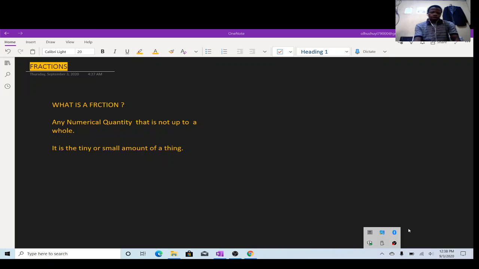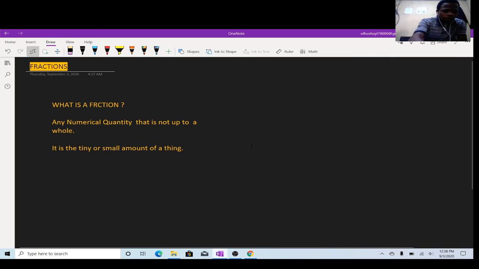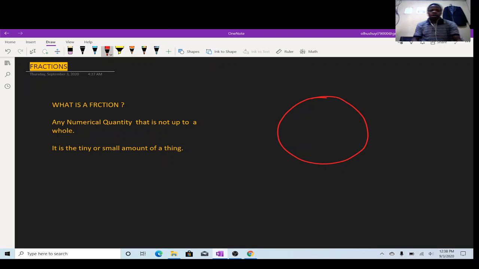From my board, you can see, a fraction is any numerical quantity that is not up to a whole. Let me draw a circle here, or I can call this an orange.